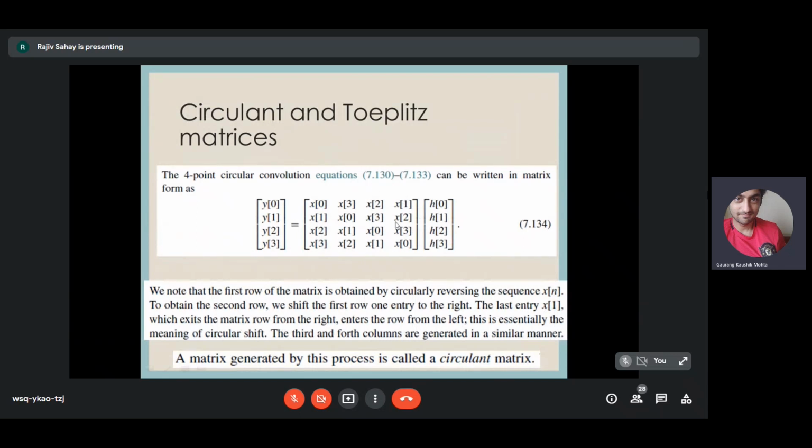This matrix has a beautiful property that all the diagonal elements are the same. The main diagonal has all x0s. This off diagonal is all x3s. This off diagonal is all x2s. So identical diagonals and subdiagonals.